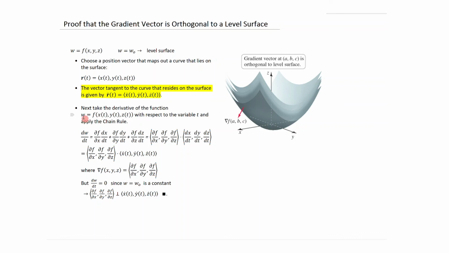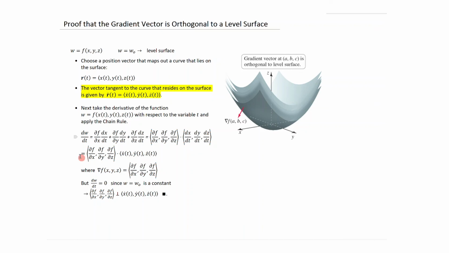Now, w is going to be a constant because we're saying it's a level surface. So when we take dw/dt, it will be equal to 0. This can be expanded out, as we've shown before, in the form of a trick. We can represent this by a vector. This, in fact, is the gradient vector, dot the derivative of this, which is the tangent vector to a curve that lies on the surface.